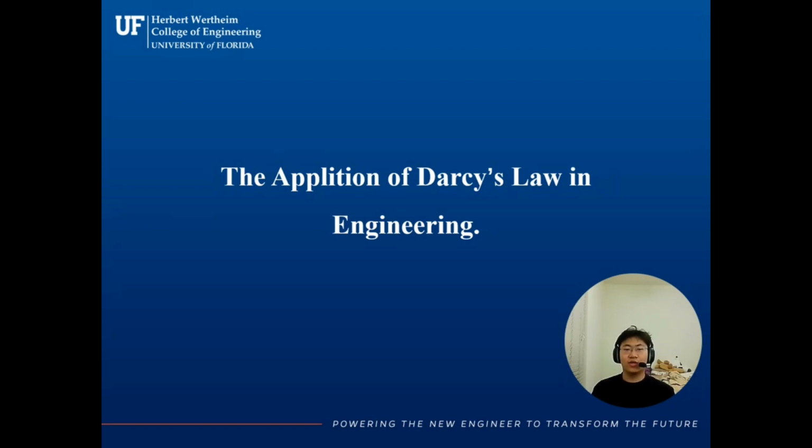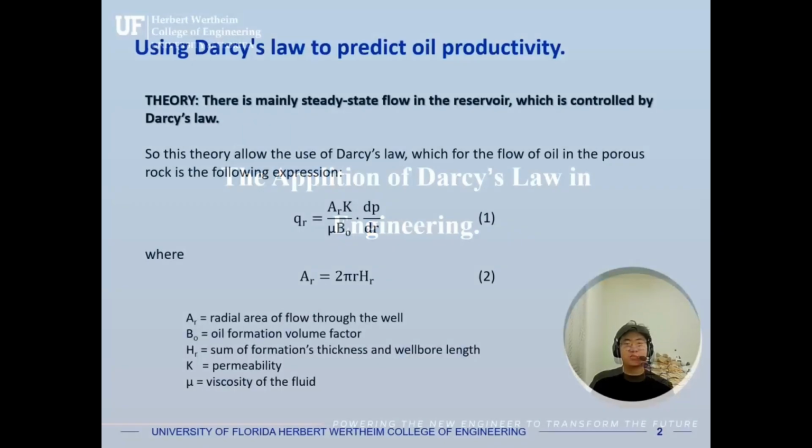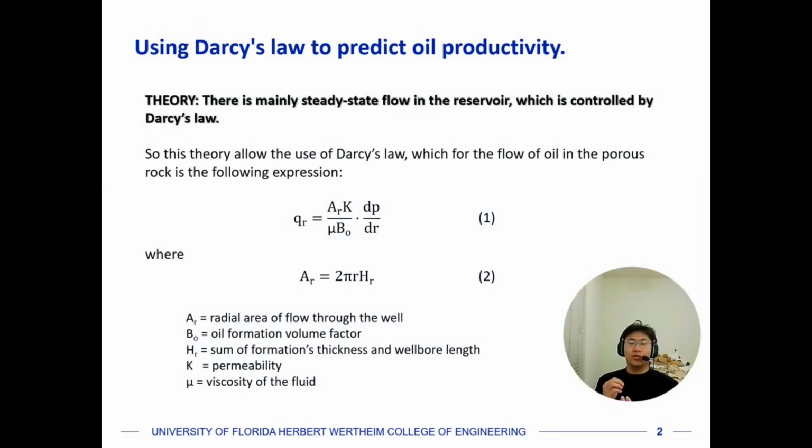And here, we're gonna talk about some examples of the application of Darcy's law in engineering. We first will talk about how we use Darcy's law to predict oil productivity, because in the reservoir underground, it is mainly steady state flow and of course it's porous medium.